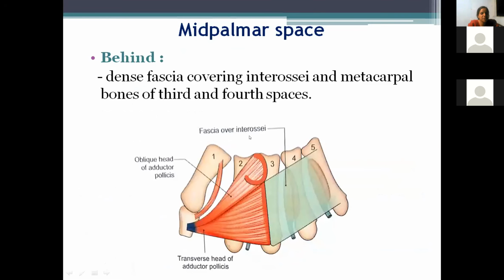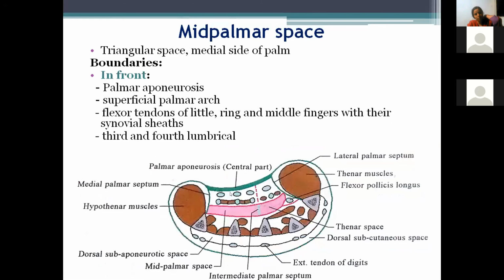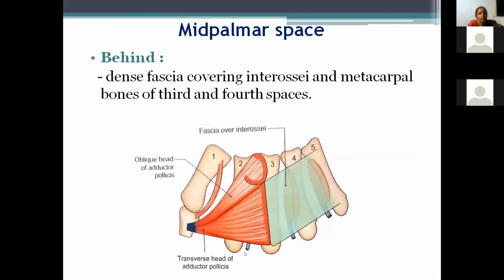Now, the mid palmar space behind. Try to see from here, it is better. See, this is in front, no? What are the muscles I told you between the metacarpal bones? Palmar interossei and dorsal interossei. This is the subaponeurotic space and this is the skin of the dorsum of the hand.